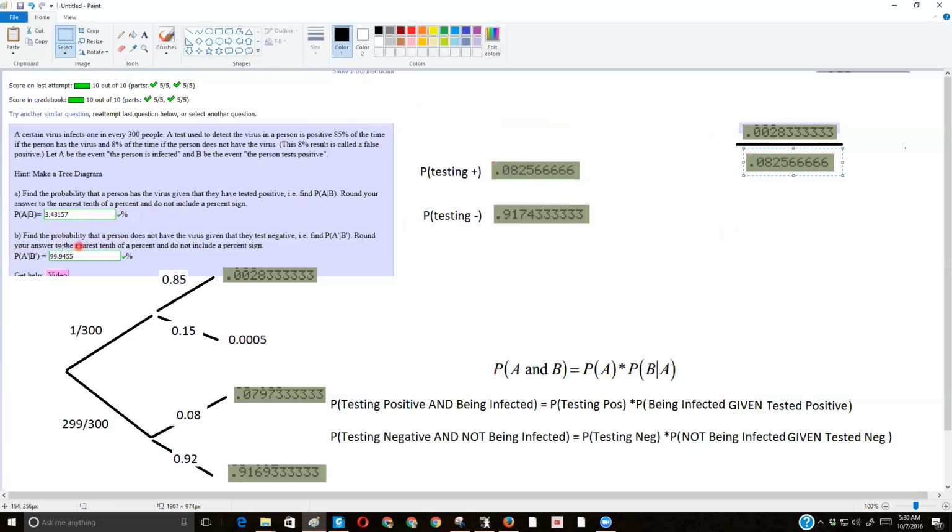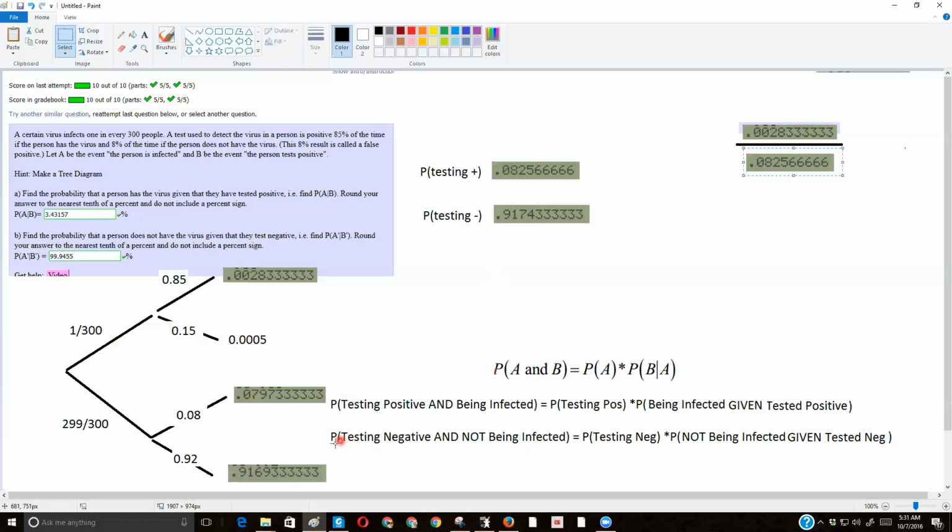Now, to answer letter B, it's a very similar kind of thing. The probability that somebody tested negative and was not infected is that number right there. They were not infected and they didn't test positive. The test called it right. So that's that part. Now we have to worry about the probability of somebody testing negative. Well, we've got these people here. This probability represents, yeah, they were infected, but the test missed it. So that's testing negative. This is testing negative. We have to find the sum of those two numbers. That's what goes here.